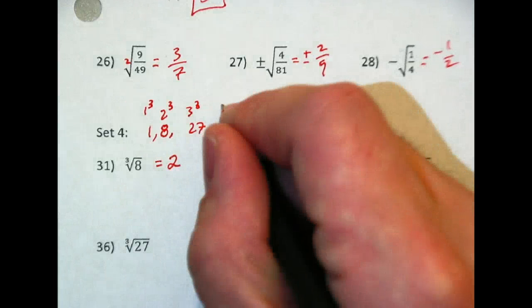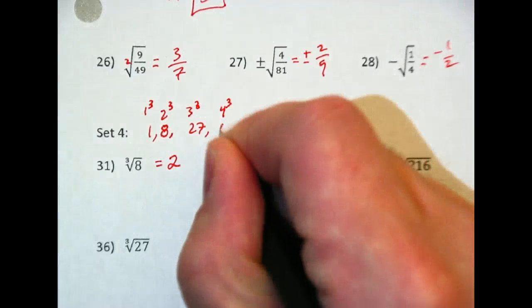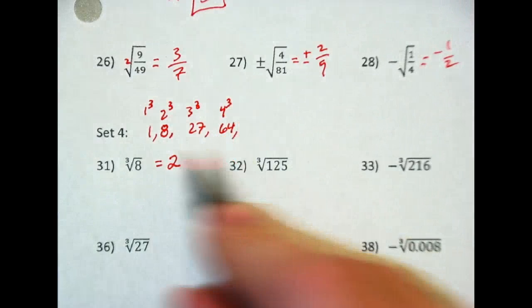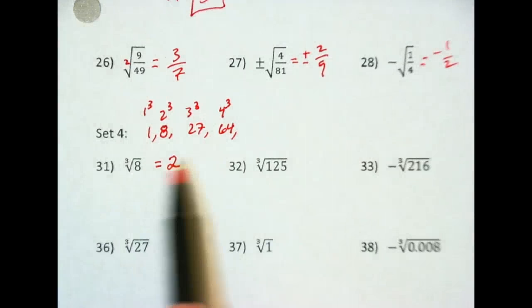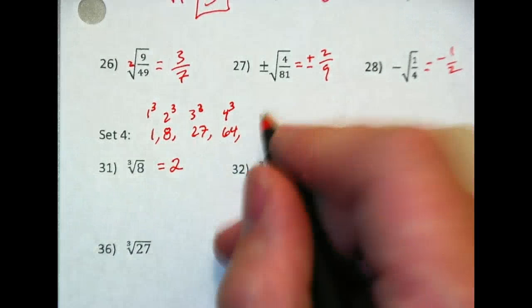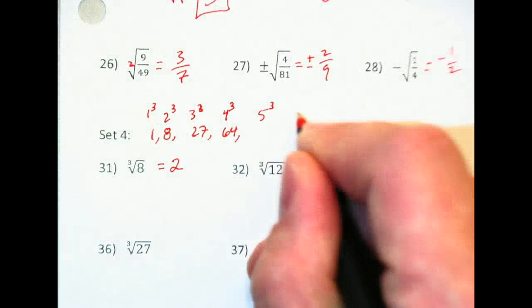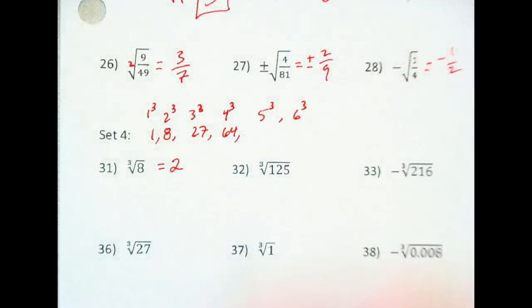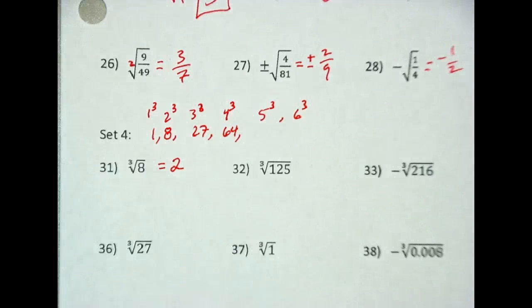Yeah, it is 64. If I were you right now, I'd list at least the first probably 6 perfect cubes. So I'd get 5 cubed and 6 cubed up here. All right. Give them a go there.